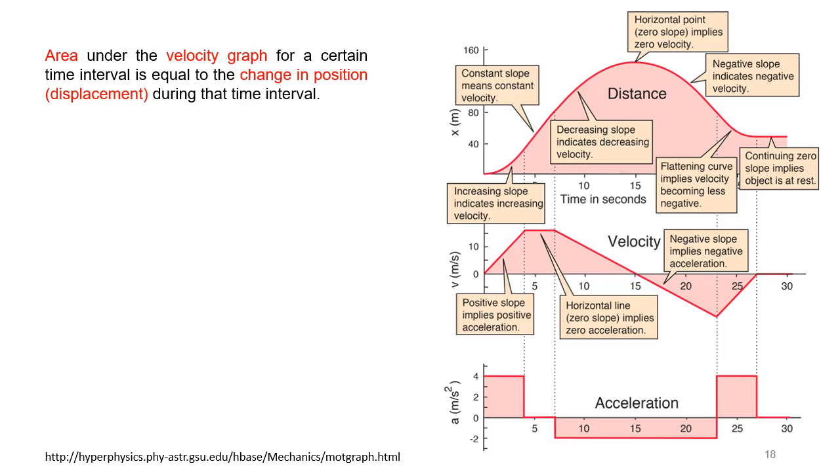Now you see that initially, what is happening in this part? Initially, the slope is increasing. Slope is increasing means position is changing at a faster rate. That means there is a changing velocity, right?